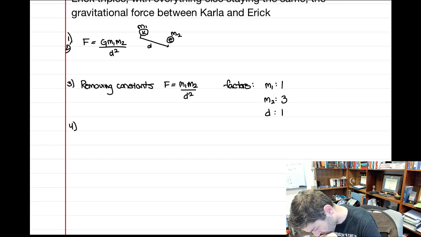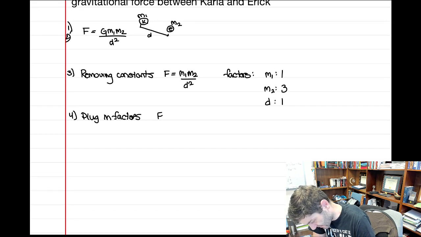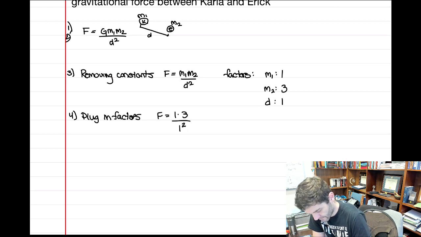And then step 4, plug in the factors. So the factor by which F changes looks like it's M1, which is 1, M2, which is 3, and then divided by D squared, which is 1 squared. 1 squared is 1, so it looks like this is just 3.